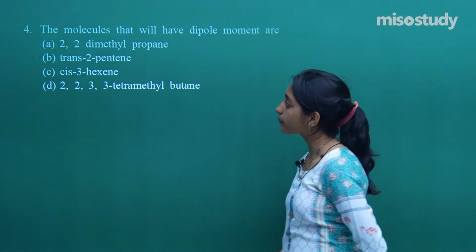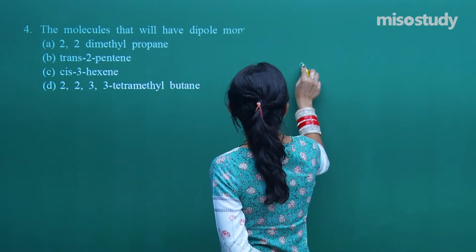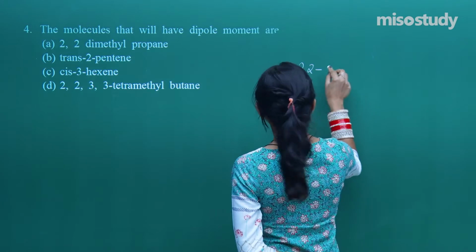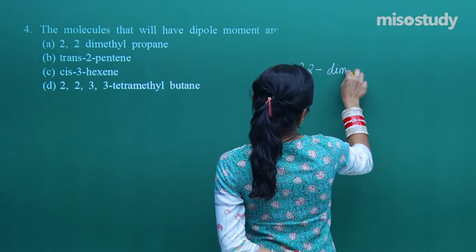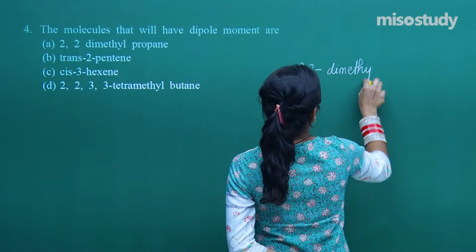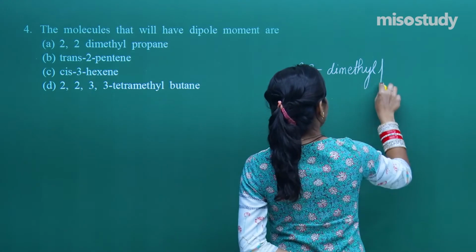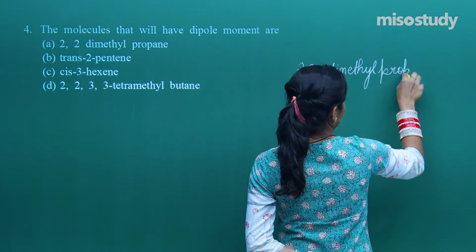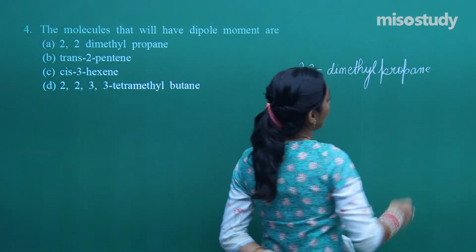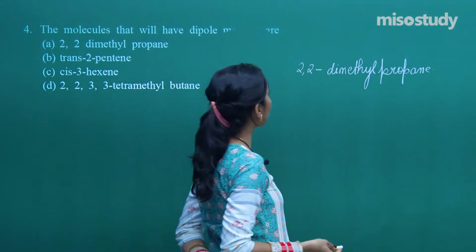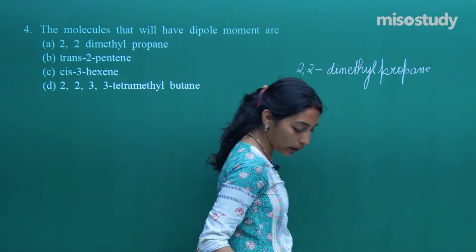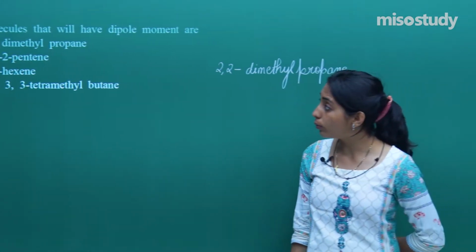Let's try to draw. So first is 2,2-dimethylpropane. Okay, we need to figure out the molecules that will actually be having dipole moment.